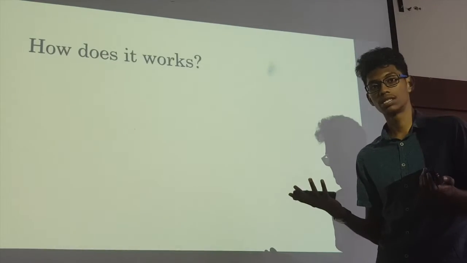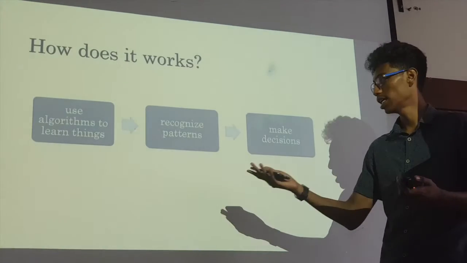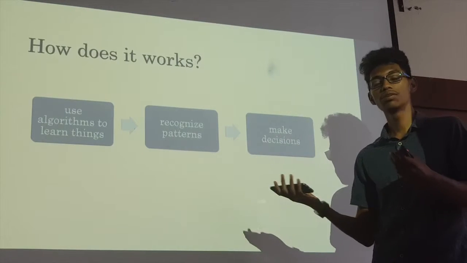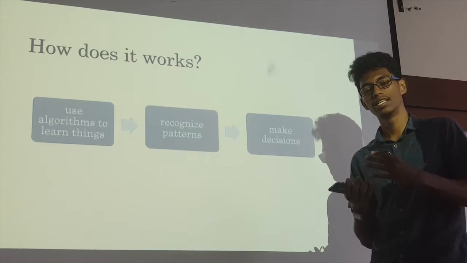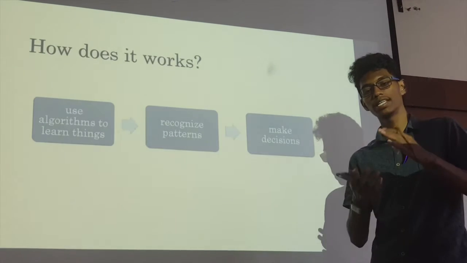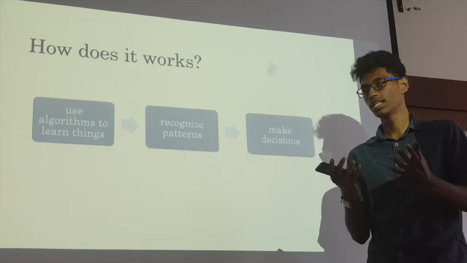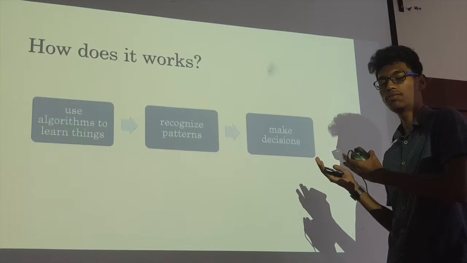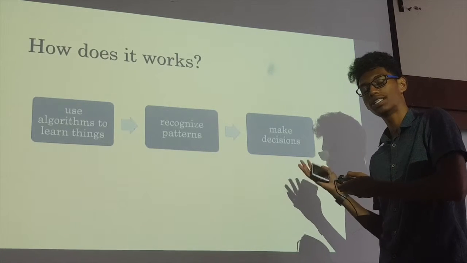So how does it work? This is a flowchart which first uses the algorithms to learn things. The algorithm is given by the programmer, then it recognizes the pattern of the data and improves by itself and makes a decision, to make a good decision.